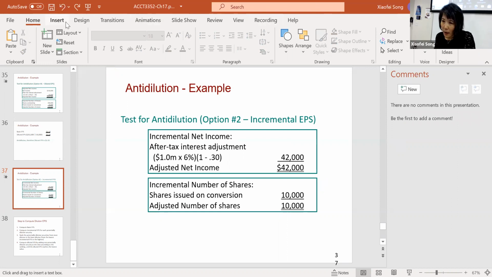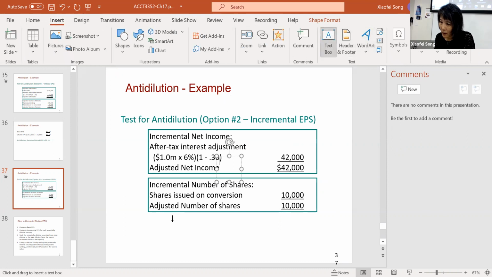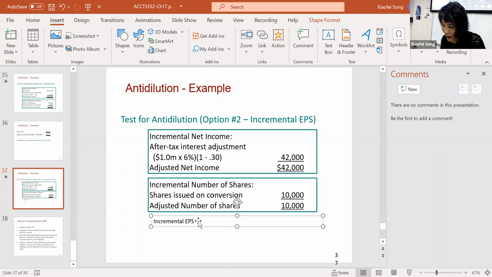I want to write something, so I'll use a text box. Okay, so the incremental earnings per share, we'll just focus on that.